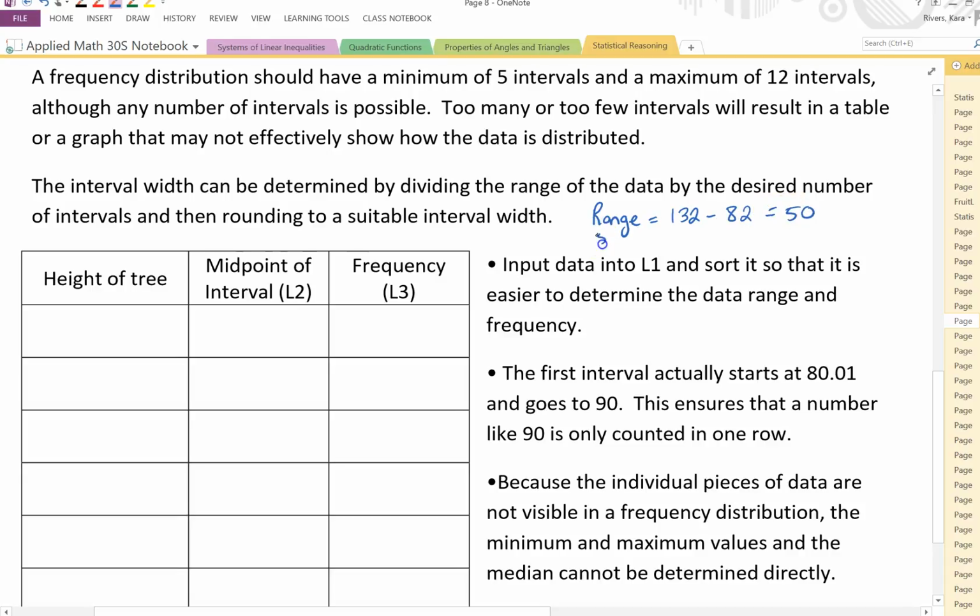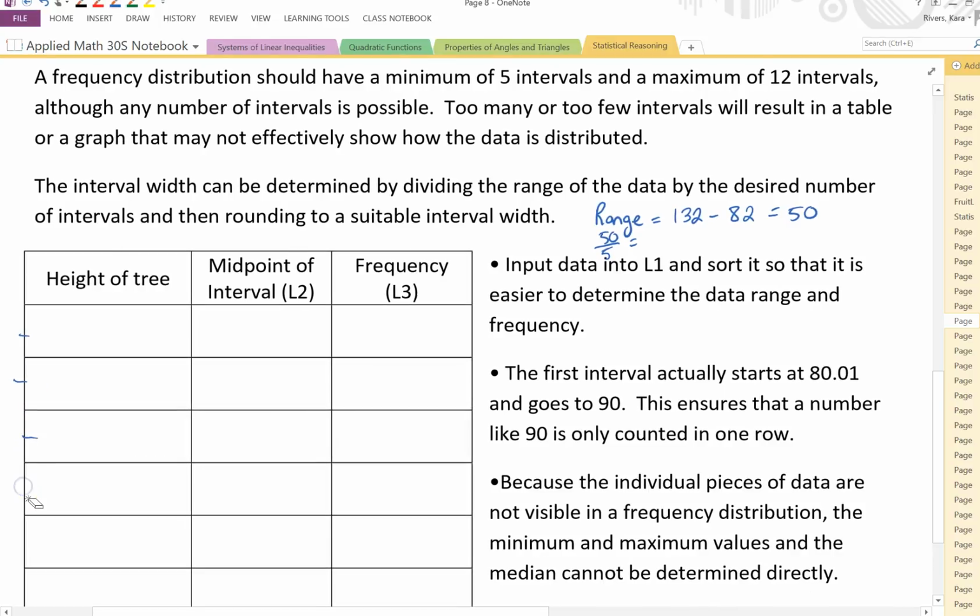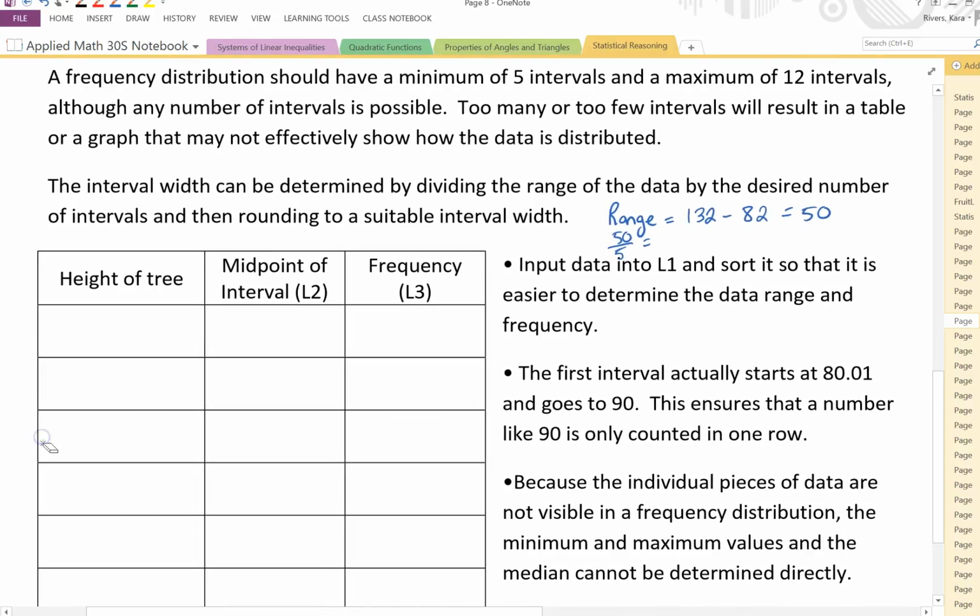Now if we take that 50 divided by 10, that would give us 5. Sorry, I'm doing that backwards. I did it in my head. 50 divided by 5, because I have 5 intervals, right? 1, 2, 3, 4, 5. That's what we're doing here. 5 different intervals. So that would give me 10 for the width of my interval.